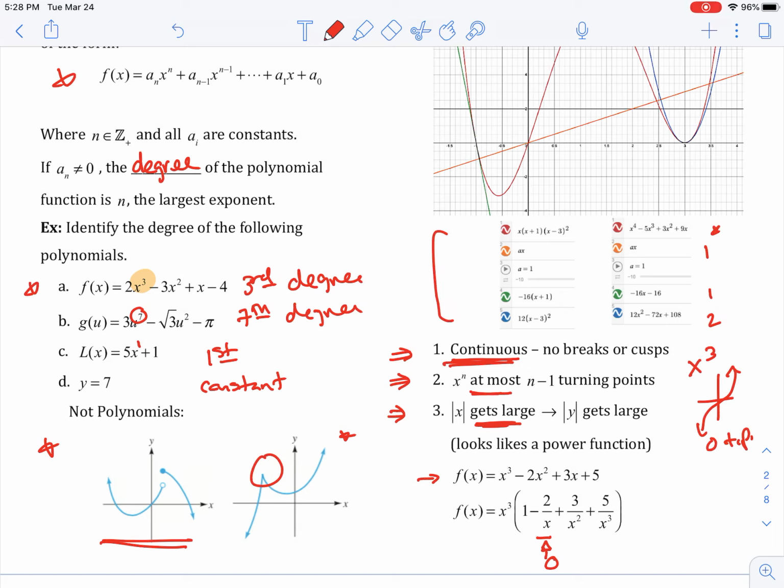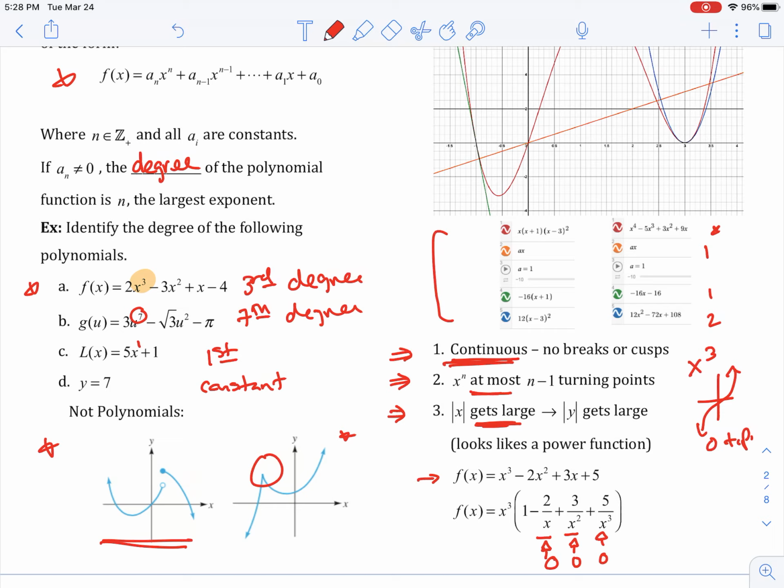Likewise, 3 divided by a very large number squared also is going to get closer and closer to 0, the larger that x gets. And same idea with 5 divided by a very large number cubed. That quantity, as x is getting bigger and bigger, is going to get closer and closer to 0.